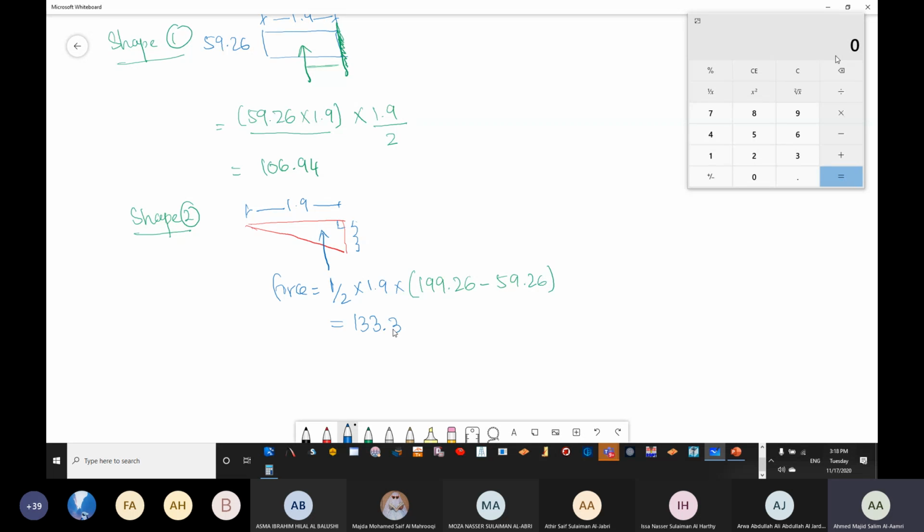Whatever, 133.33 or 0.37, whatever is right. Now this is in kilonewton per meter. If you are assuming the width is 2.5 meter, you need to multiply it by 2.5. If you are considering it to be 1 meter, then keep it as 1 meter.